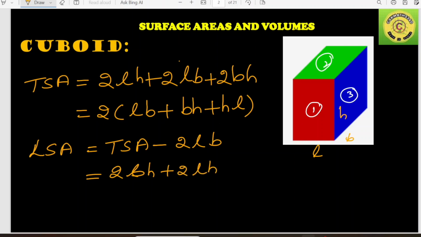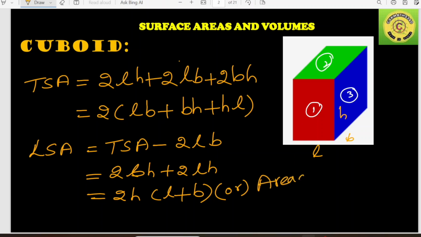If we take 2H common, we get 2H times (L plus B). This is the lateral surface area of the cuboid. Sometimes they will ask, find the area of four walls. The area of four walls is nothing but LSA only, the area formed by using the sides.